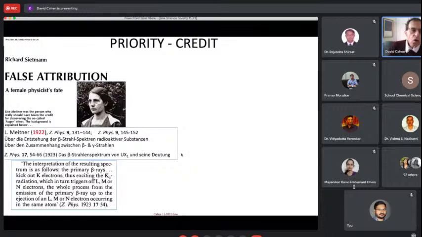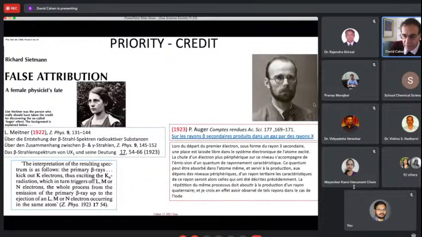You probably know of the Auger effect. And the Auger effect is named after Pierre Auger. He did his PhD studies in the area of emission of electrons and found the effect and published it in 1923. Much less known is that Lise Meitner found the effect and published it in 1922 in two papers.